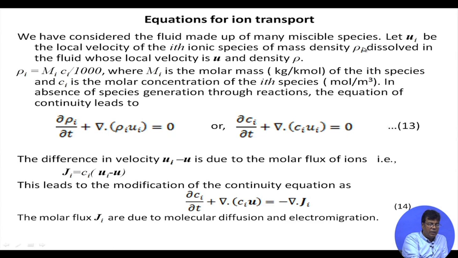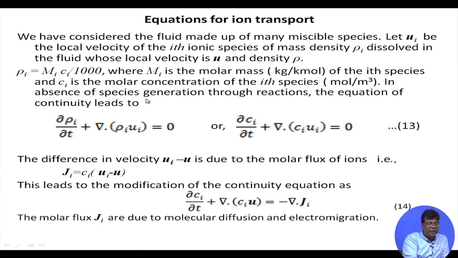Now, this mass density can be related with the molar concentration by this relation, in moles per meter cube, where Ci is the molar concentration of the ith ionic species.